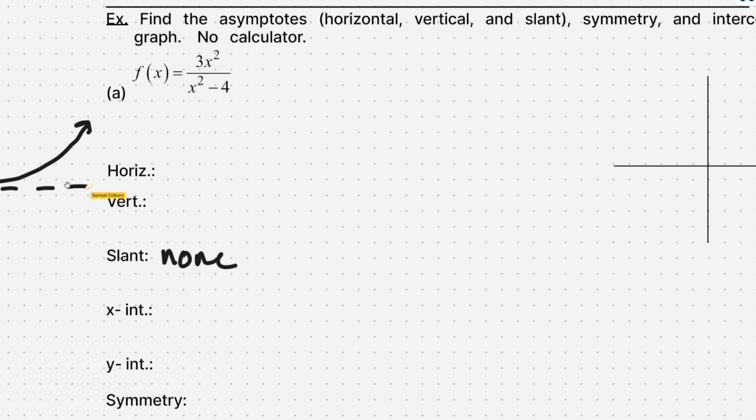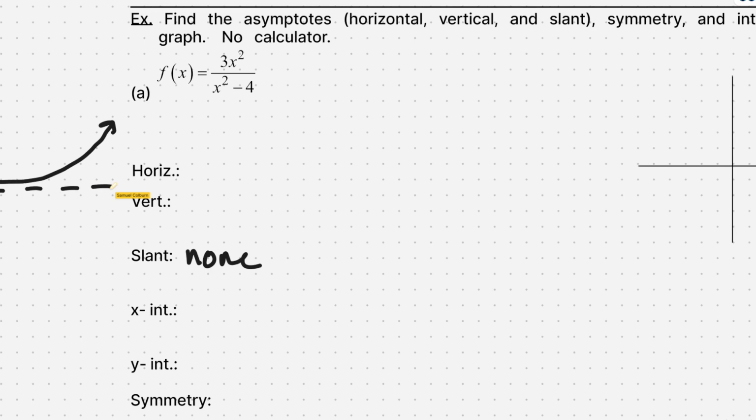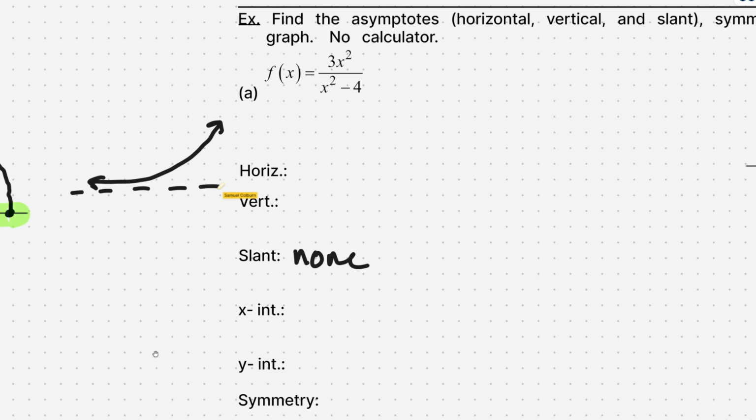And so as x gets really far to the left, the y values of the function get really close to the y value of the asymptote. So essentially, to find a horizontal asymptote, one method we could use is just to plug in a really big number.